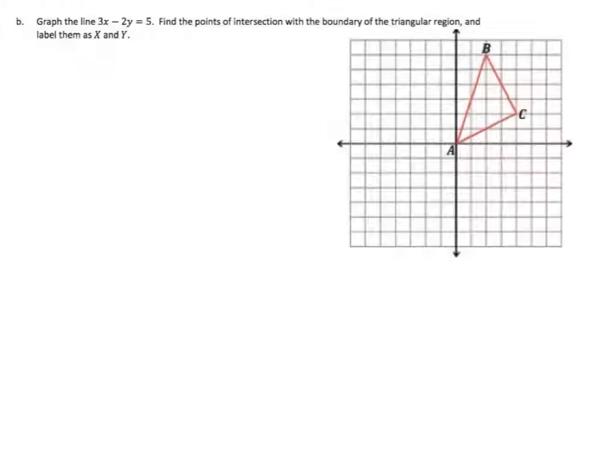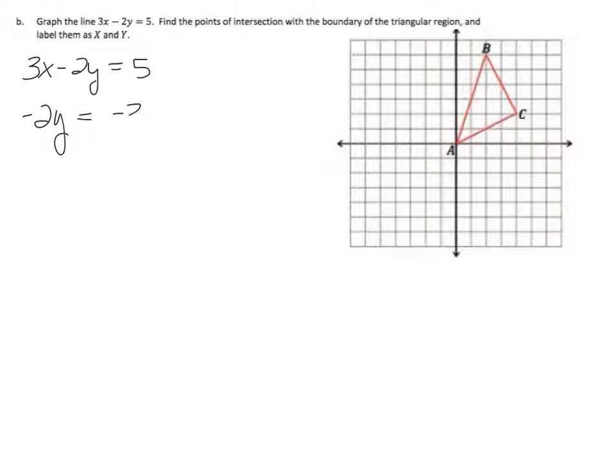Awesome, let's move on. Graph the line 3x minus 2y equals 5. Find the points of intersection with the boundary of the triangular region and label them as x and y. I can't graph this. I need to put that in y equals mx plus b form.